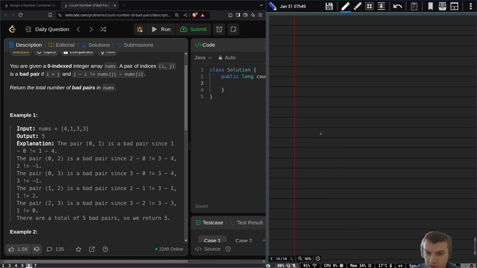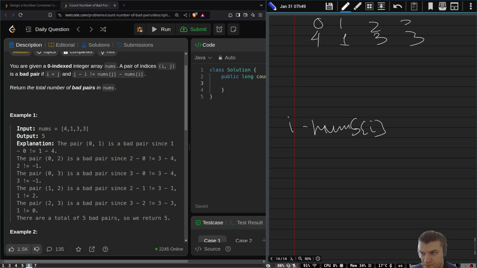So the first one, we have 4 1 3 3, and then I do this separation, i minus nums[i], and then fill up the hash map with the frequencies. Then I have minus 4 frequency 1, 0 frequency 1, minus 1 frequency 1, and 0 frequency 2.